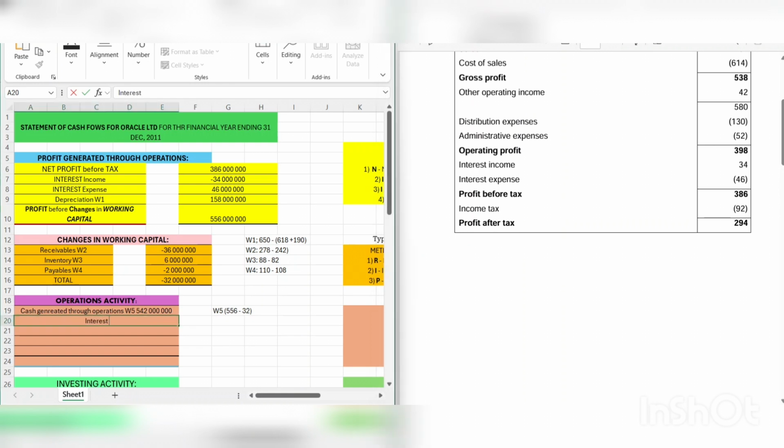Interest income, 34 million. Next, our interest expense, and that's at 46 million.